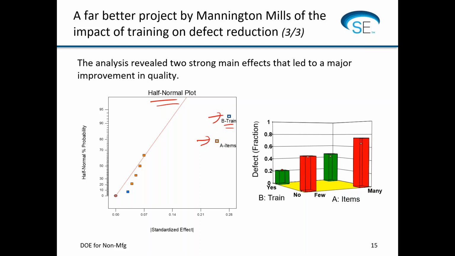And so I made a little tower chart here, and you can see that if they have many items and they have no training, the fraction defect is even above 0.5. But if you do the training, yes, and you're working with fewer items, then you can get that defect rate down. So that gives you some indication that this is possible.